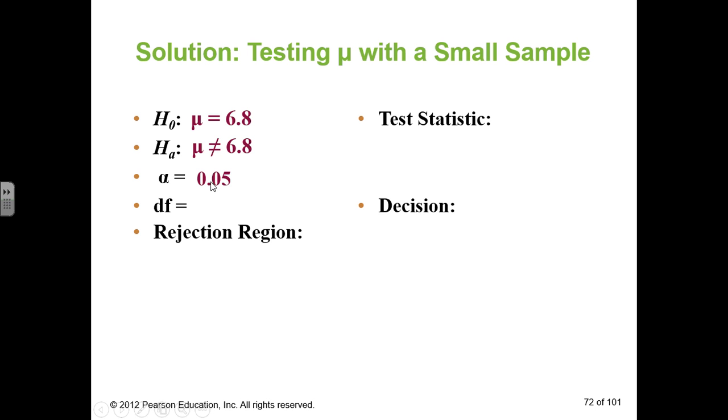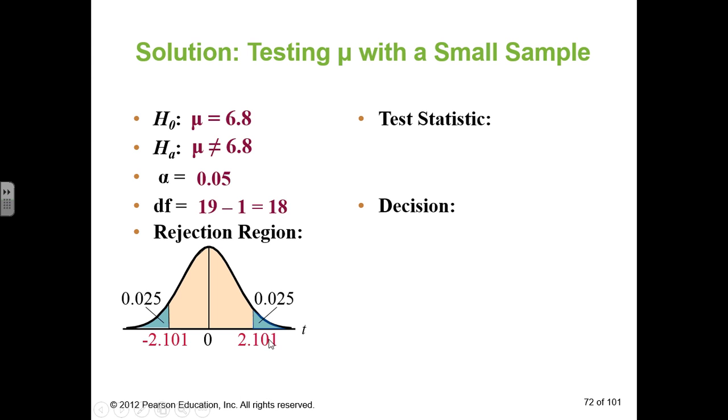Significance level of 0.05. Degrees of freedom is 18. We go to our t-distribution table. We are doing a two-tailed test, so we go to the row at the top that says two tails. We find a significance level of 0.05. Go down to the row that has degrees of freedom being 18, and we find that that value says 2.101. Because it's a two-tailed test, negative 2.101 is the cutoff for the bottom rejection region, and positive 2.101 is the cutoff for the top rejection region.